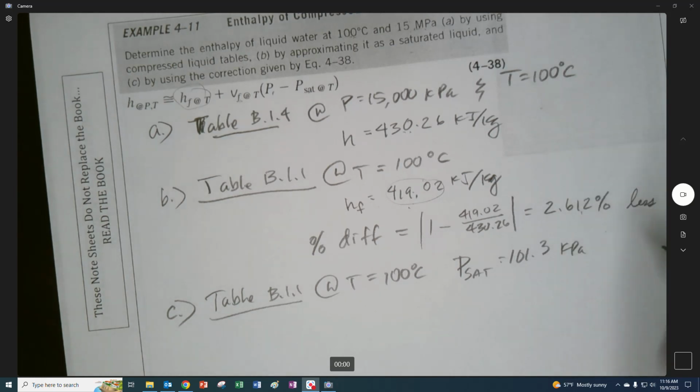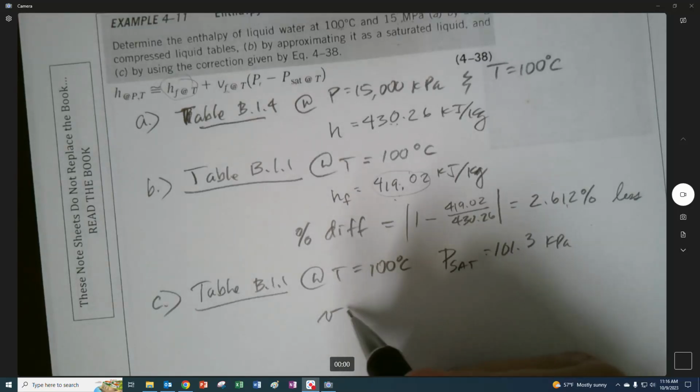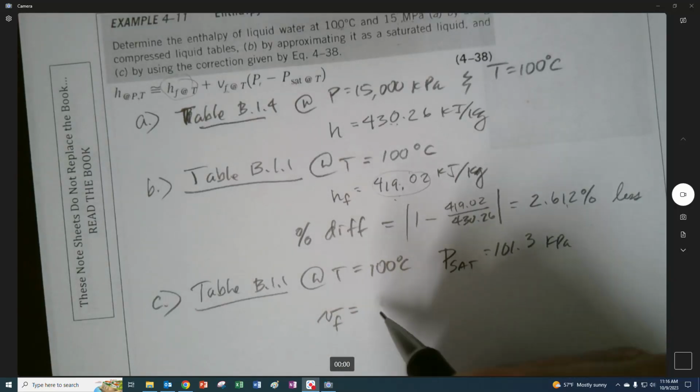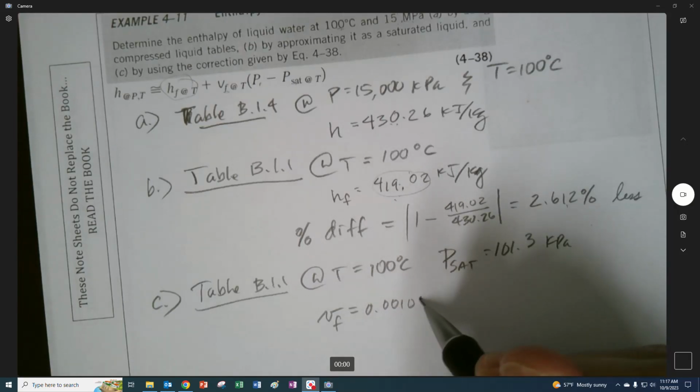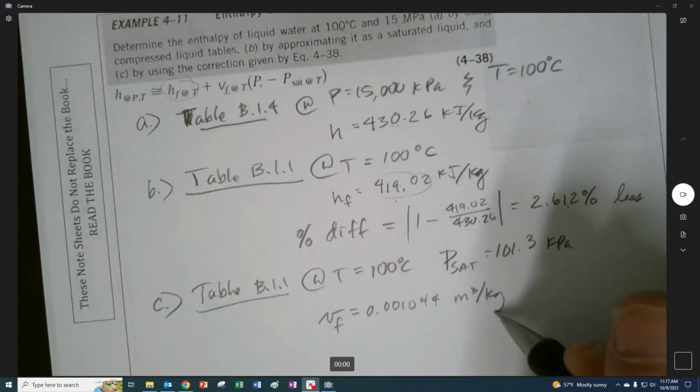Maybe I might have been tired yesterday. So VF at that is going to be 0.001044, and these are cubic meters per kilogram.